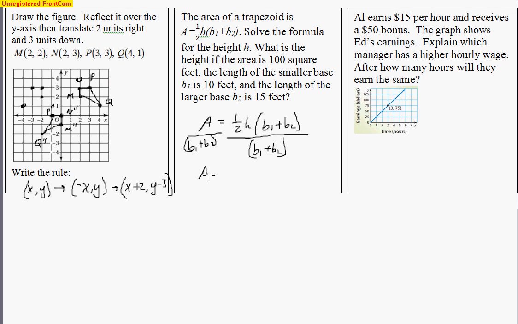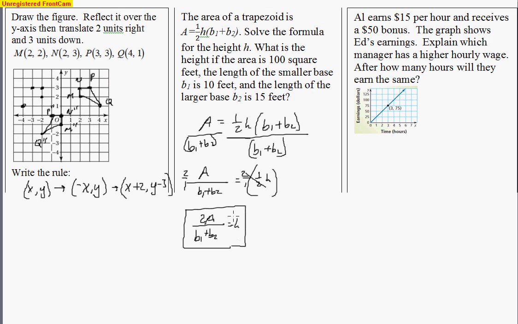So now I've got A over b1 plus b2 equals 1/2 h. So now I'm going to multiply by that reciprocal, 2 over 1. That'll cancel out the 1/2. Do the same thing on this side, and I'm left with 2A over b1 plus b2. And that's going to end up being my height.